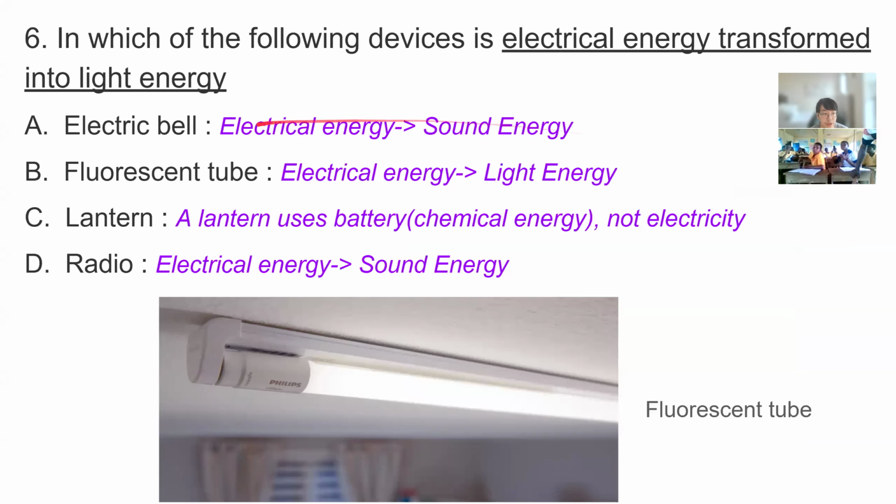This next question asks, in which of the following devices is electrical energy transformed into light energy? Is it A, electric bulb? Is it B, fluorescent tube? Is it C, lantern?